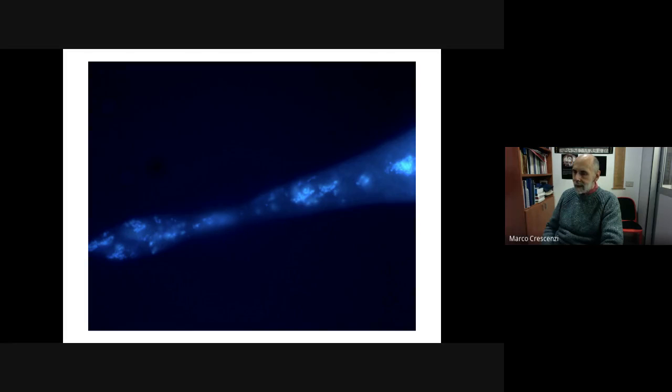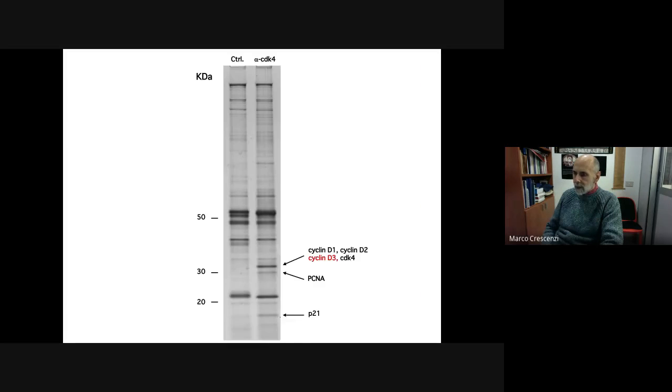But then again, we were left with the problem of understanding the unpredicted behavior of these myotubes. And so we went back to our immunoprecipitation and noticed that, among other things, together with CDK4, cyclin D3 was immunoprecipitated, was co-precipitated.